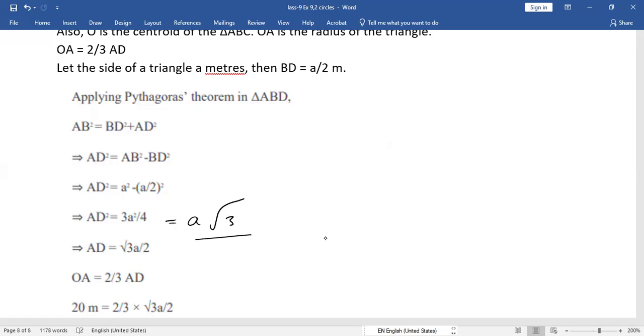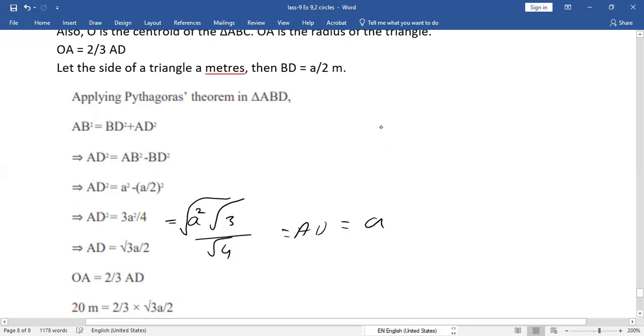It is 2. The square root of A square is A, and the square root of 3 stays as root 3. So AD is equal to root 3 into A by 2. Correct? Root 3 into A by 2.